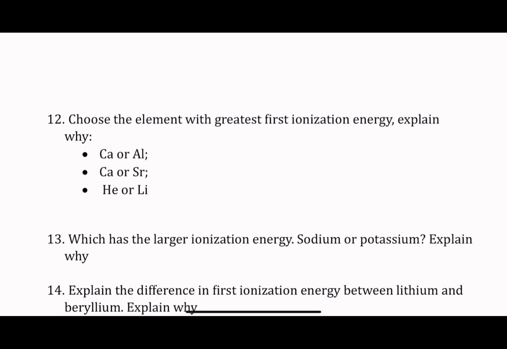First of all, we need to look at the elements here. We have calcium and we have aluminium. We know that calcium has an electronic configuration ending with 3s2, 3p6 and 4s2. This is how it ends. And aluminium is 3s2 and 3p1.